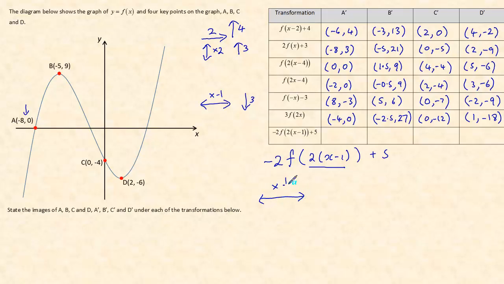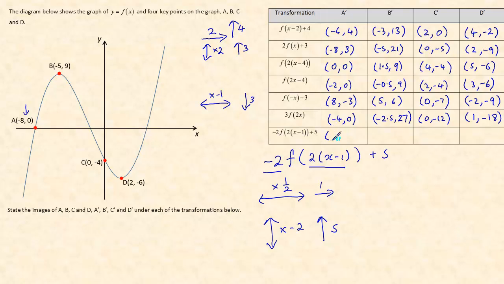And so we're going to get a scale factor of 1/2, and then the -1 means we're going to move 1 across. For the y's, we're going to have a scale factor of -2, and then we're going to add 5.